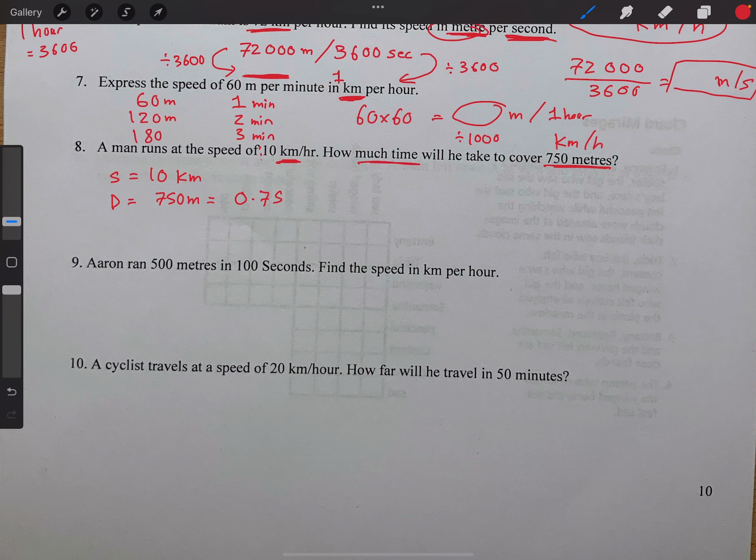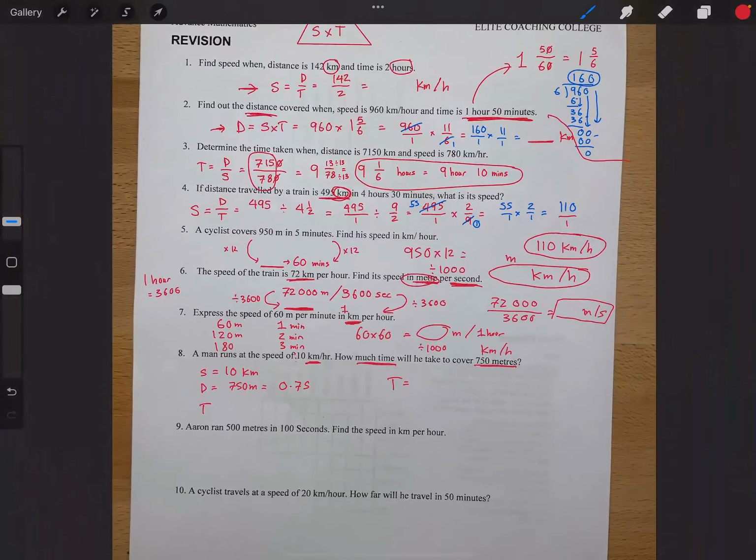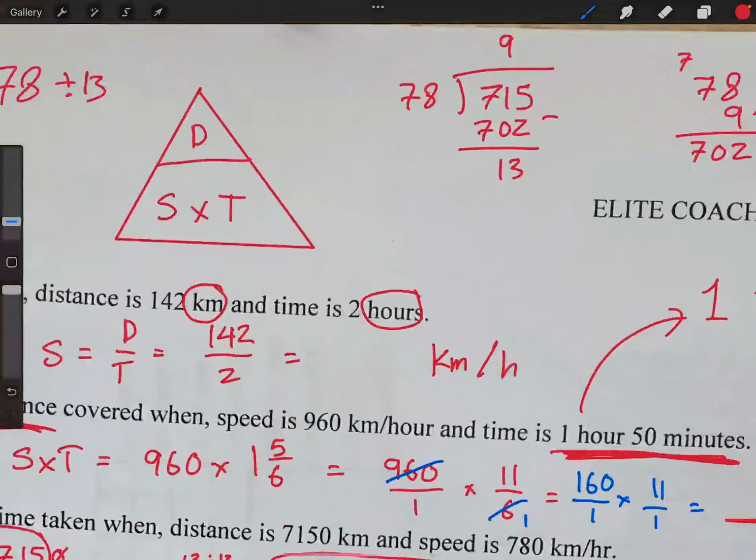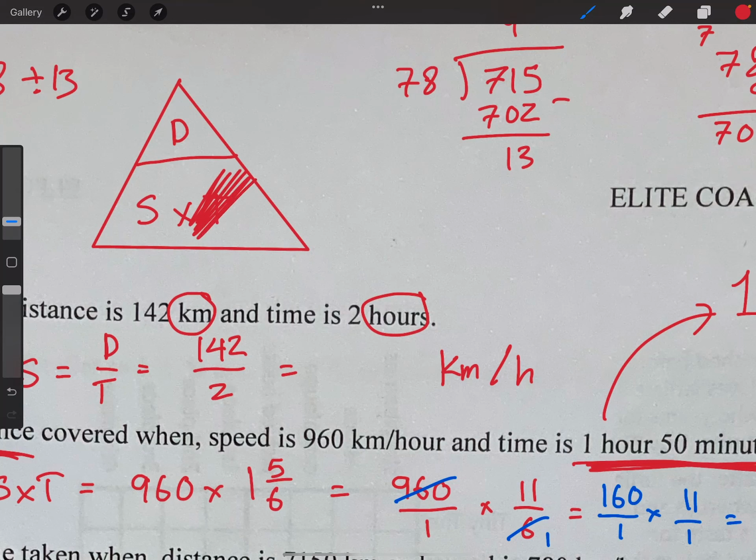Now it says how long, so what's the time taken? So how do we find time? Let's have a look at the triangle again. If you want to know time, cover up the T for time and you can see that it's distance divided by speed.